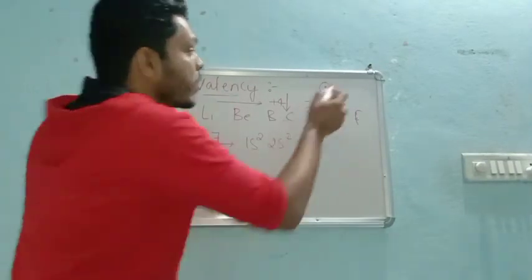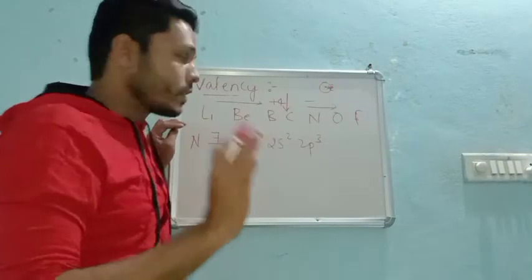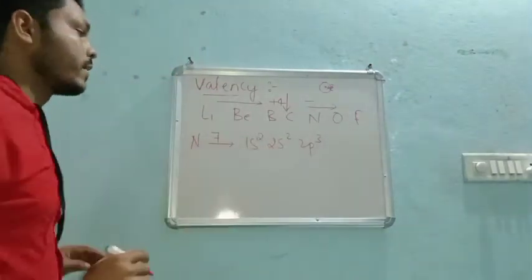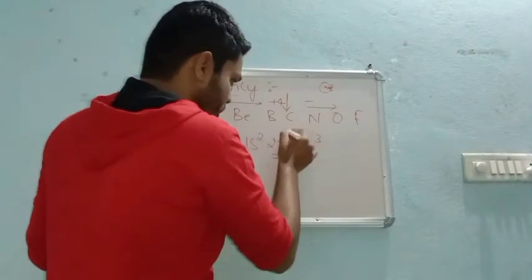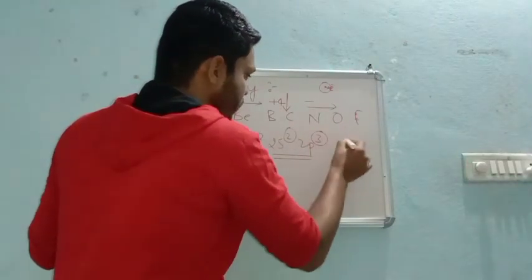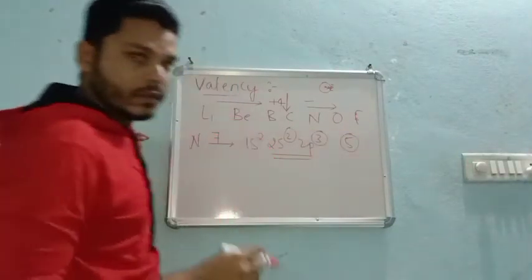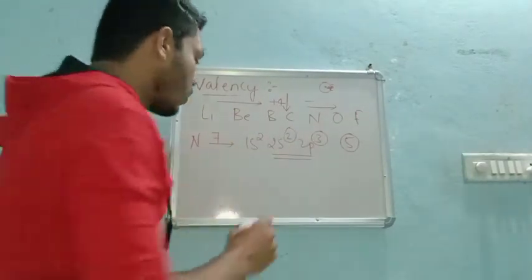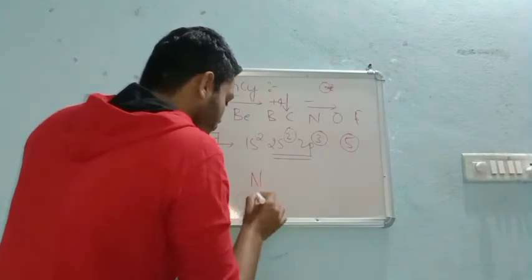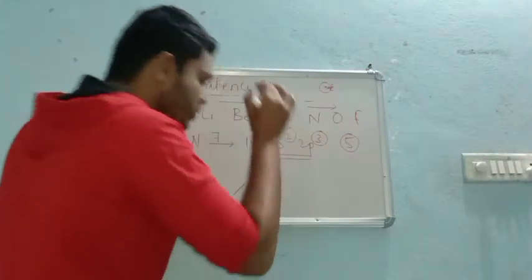So that's why the negative character remains on that particular element. So now here, in case of nitrogen, how many valence electrons are there? 5, right? See, very important. But nitrogen will not show 5 bonds around it.